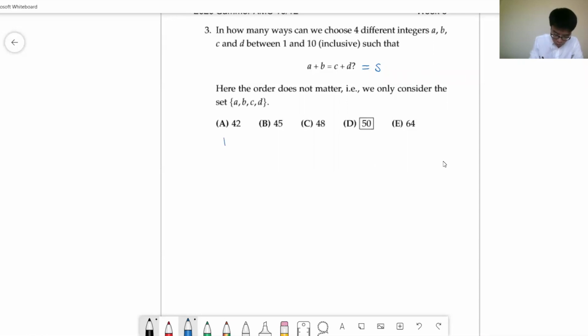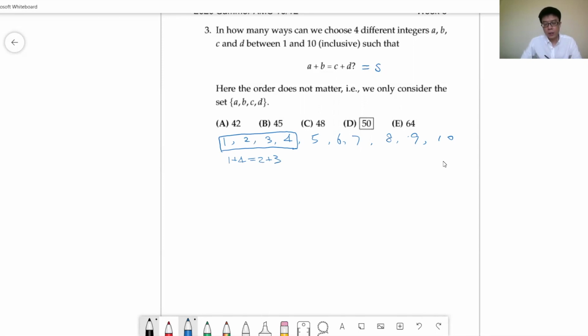We have numbers 1, 2, 3, 4, 5, 6, 7, 8, 9, 10, right? So the smallest possible sum will be for the first 4 numbers: 1 plus 4 equals 2 plus 3.